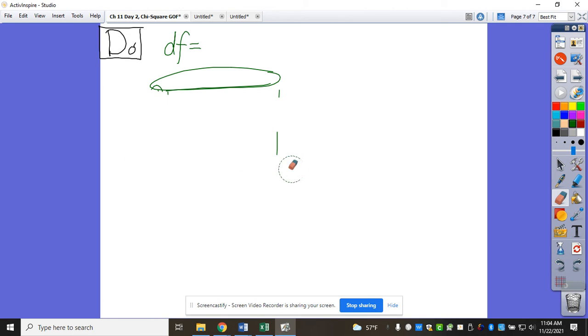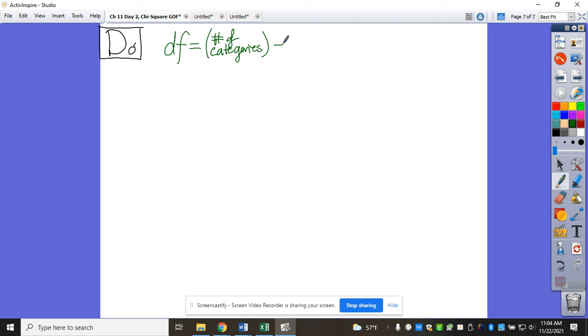So how am I going to find degrees of freedom? Number of categories minus 1. The way that I write out my equation for chi-squared isn't going to be any different.